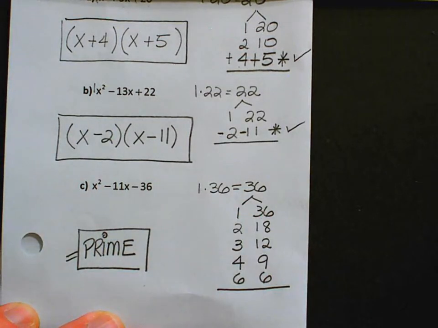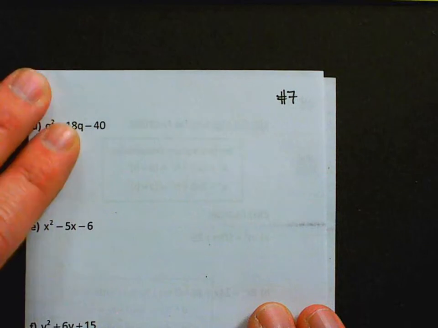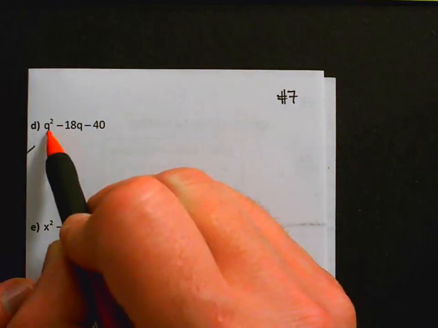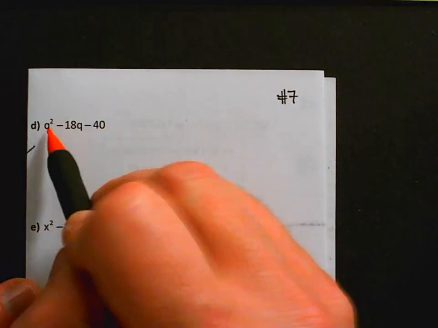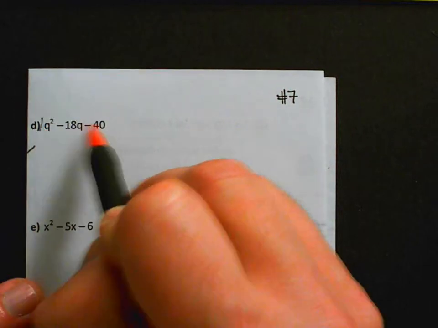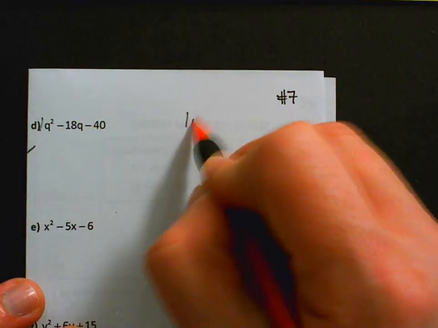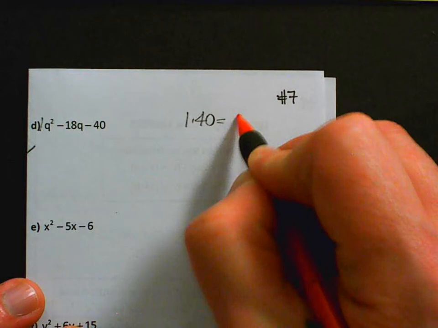Okay? Alright. So let's go on to letter D. Alright, here we have letter D. So again, cannot factor anything from all three. So then multiply the 1 times the 40, which gives us 40.